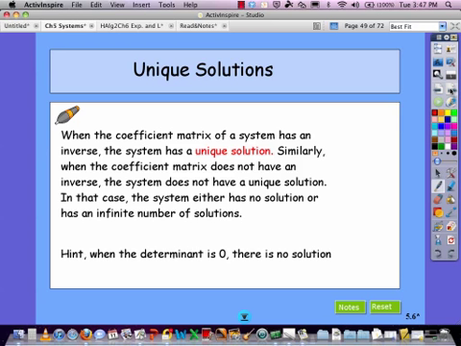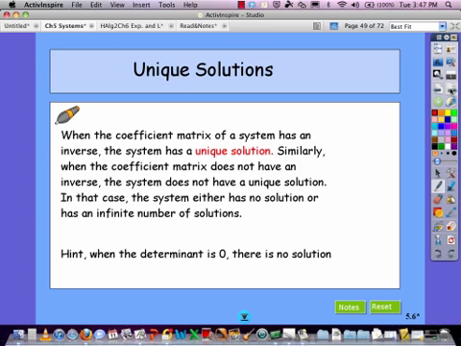Now, last but not least, when the coefficient matrix of a system has a unique inverse, the system has a unique solution. Similarly, when the coefficient matrix does not have an inverse, the system does not have a unique solution. In that case, the system either has no solution or an infinite number of solutions.